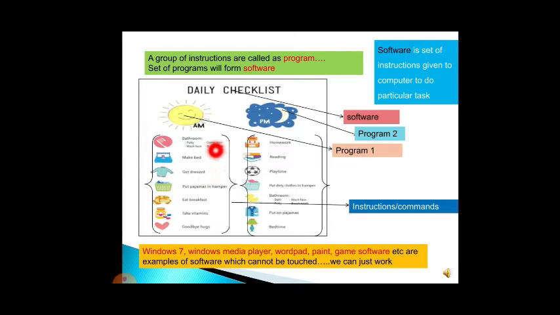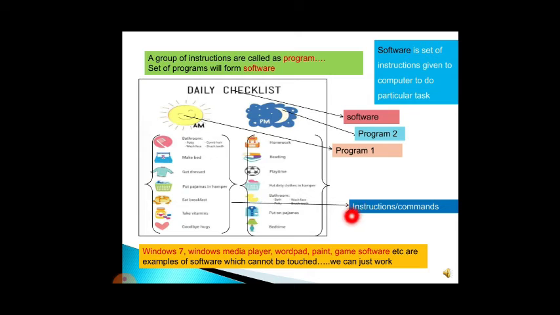You can't eat breakfast and then get dressed; you have to get dressed and then eat breakfast. In the night also, you can't sleep and then go and play. First you have to play and then come and sleep. So there are some instructions we get daily in our daily life.